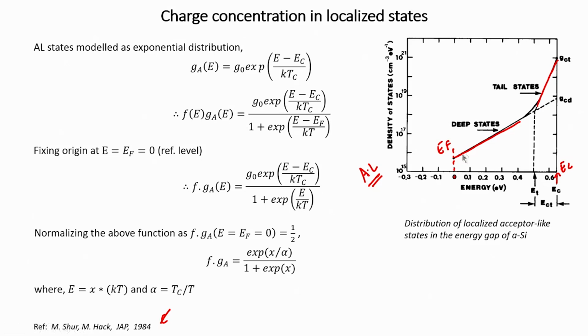Now, how does one model the density of states? A very common model is for a density of state distribution that looks like this, wherein the logarithm of the density of states versus energy for the deep states is like a straight line, and the same holds true for the tail state distribution, with the exception being that the slopes are different.